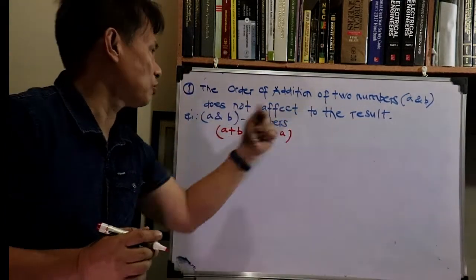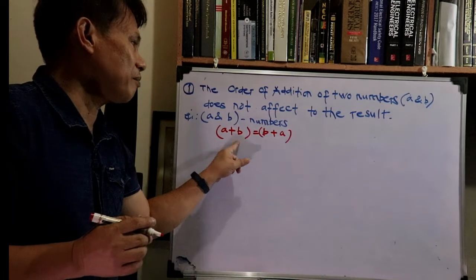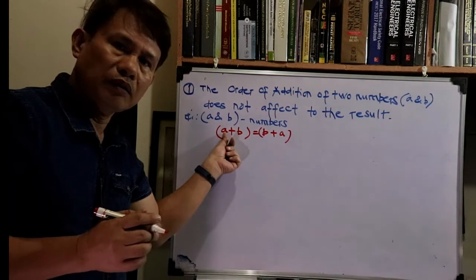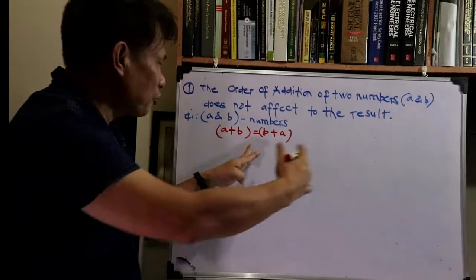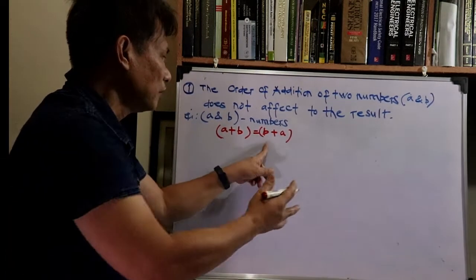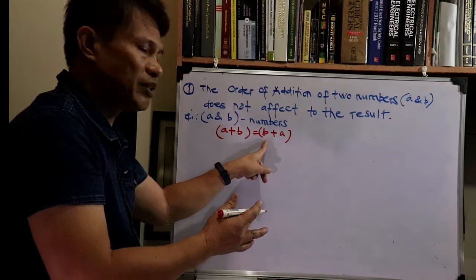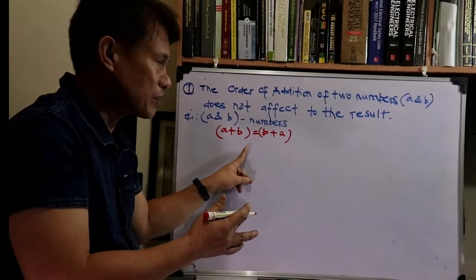It does not affect the result. We have A on the left side, and on my right side B. We are interchanging the positions of these numbers.